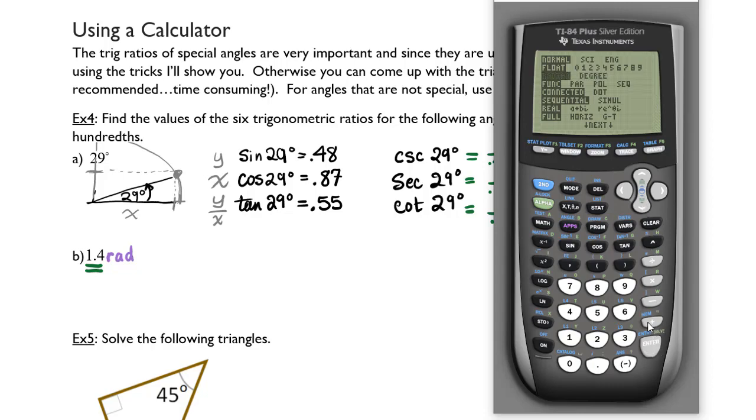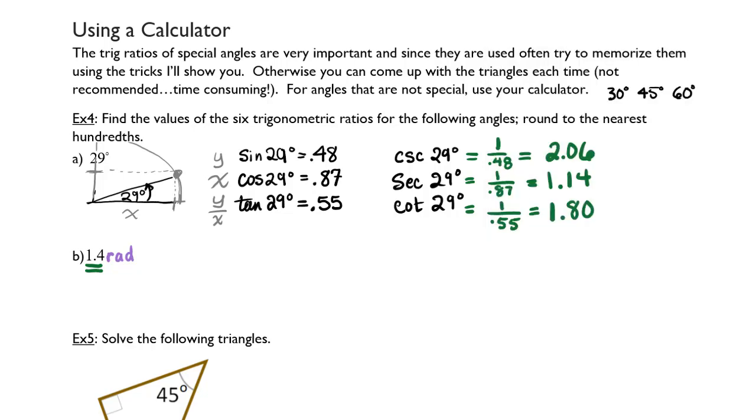If you do not do this, you will have all wrong answers. It wouldn't even hurt, actually, if you were on your test and you weren't sure if you were doing the right thing, to go back and check your mode every once in a while just to make sure you're in the right mode. Because if you're not, oh boy, all the answers are wrong. I've never done that before.